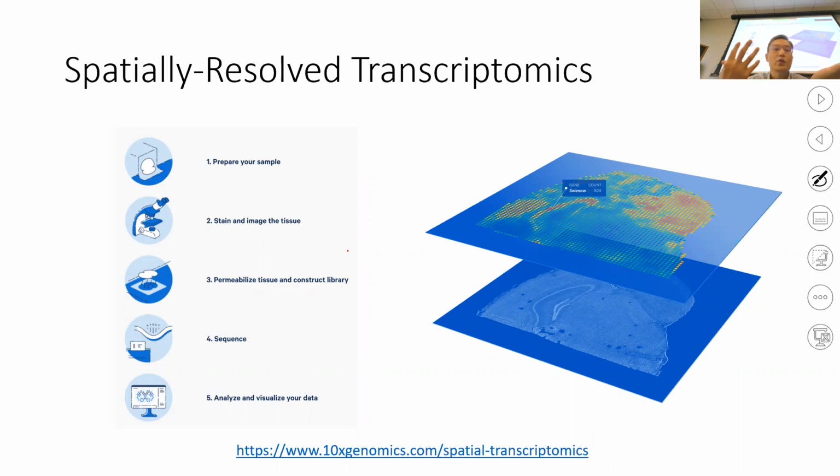But right now you can use probes, and 10x Genomics has its own solution. The probes form an array, and each is barcoded with a different 10x Genomics single cell barcode. So each probe has a different barcode.